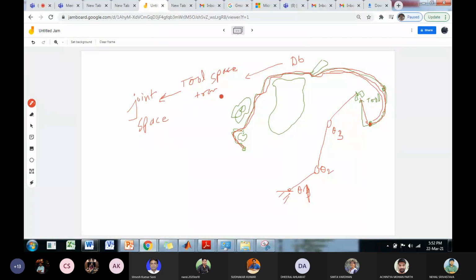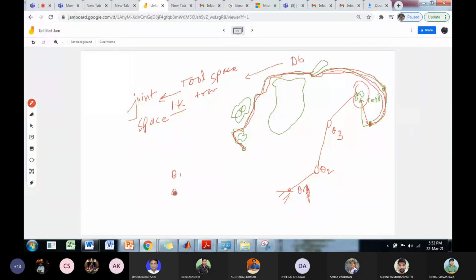So here you have the inverse kinematics, according to the tool space trajectory. Any value of tool position will have certain values of theta 1, theta 2 and theta 3. So this is inverse kinematics, in which we determine theta 1, theta 2 and theta 3.